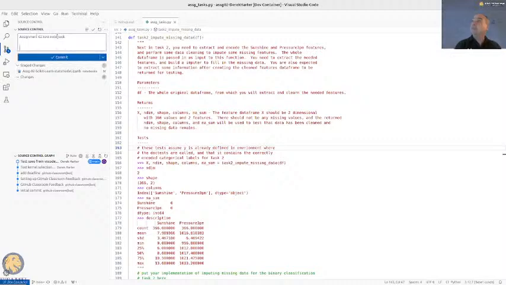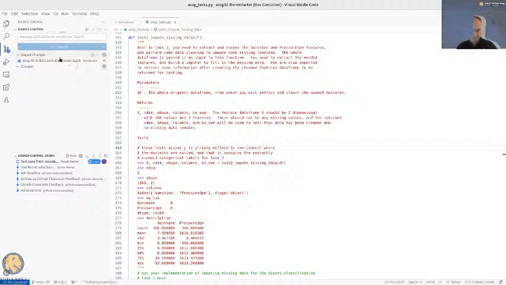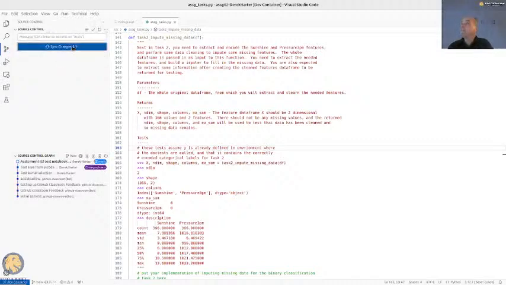We'll test that the notebook runs all cells cleanly. We're still having some performance problems, I think. Go ahead and push that up.